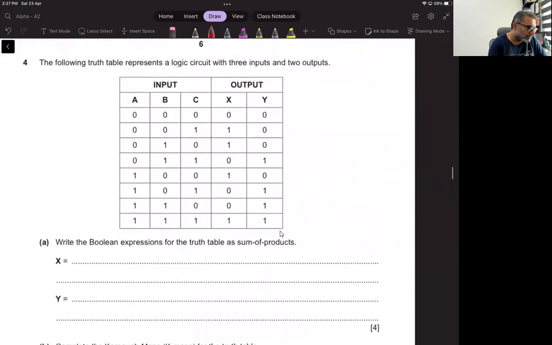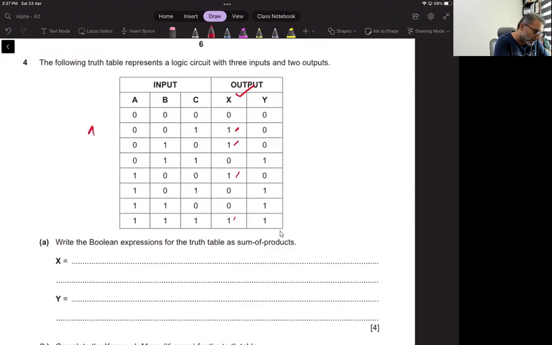Now, question number 4. Following truth table represents a logic circuit with 3 inputs and 2 outputs. Write the Boolean expression for the truth table as sum of the product. Okay, so for X, we have got this 1, 1, 1, and 1.